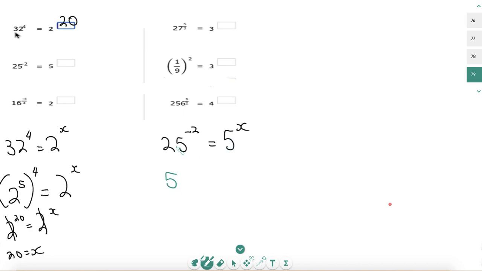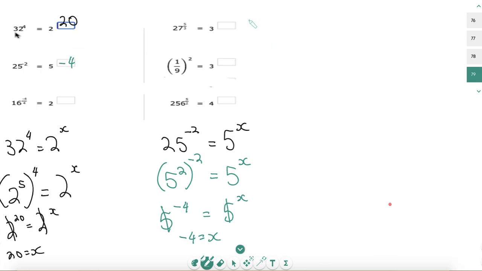So 25 is basically 5 squared, and that's being powered by negative 2. And here it just stays as 5 because our base is 5. Inside, outside, we multiply. So 2 times negative 2 is negative 4, equal to 5 to the power of x. The bases are now in common. We can cancel them out. So negative 4 equals x. This would be negative 4.